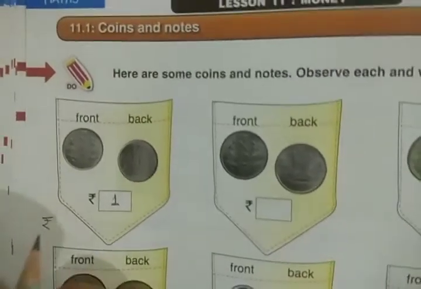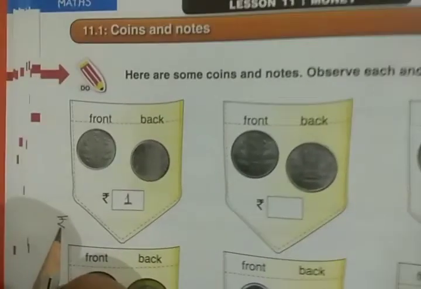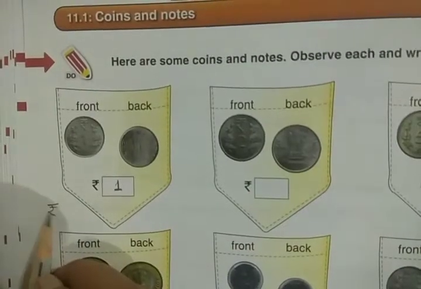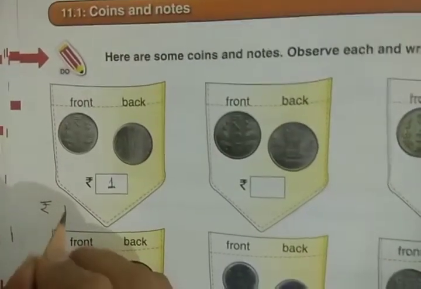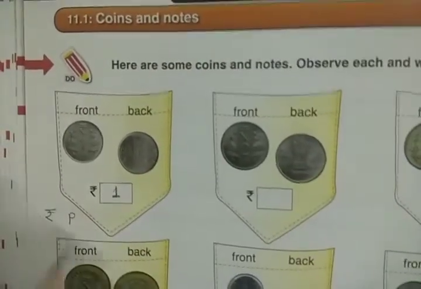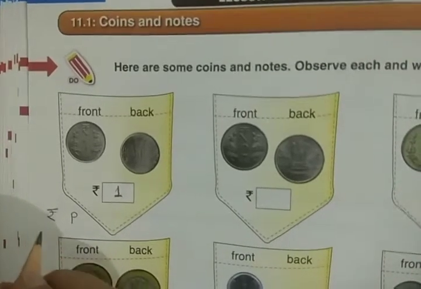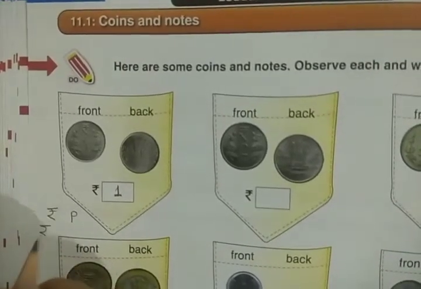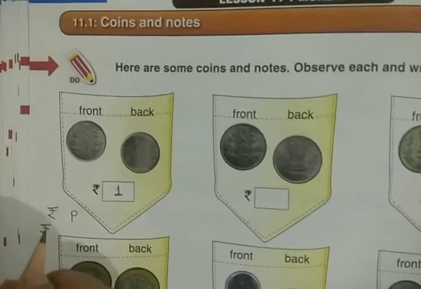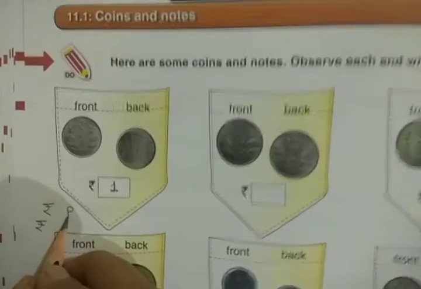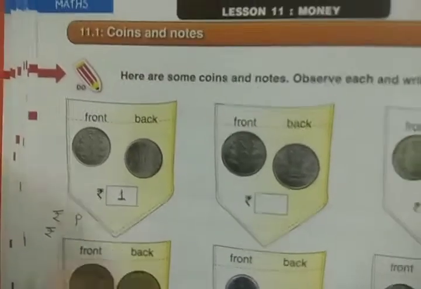Like this, it is the rupees symbol. The symbol of rupees is the Hindi R with one line in between, and the symbol of paise is a small p. Okay, this is a 1 rupee coin.